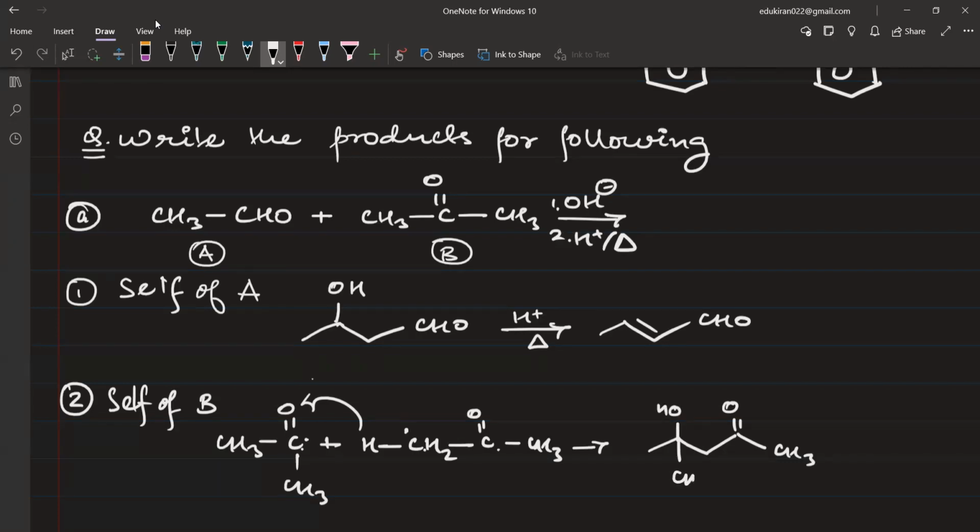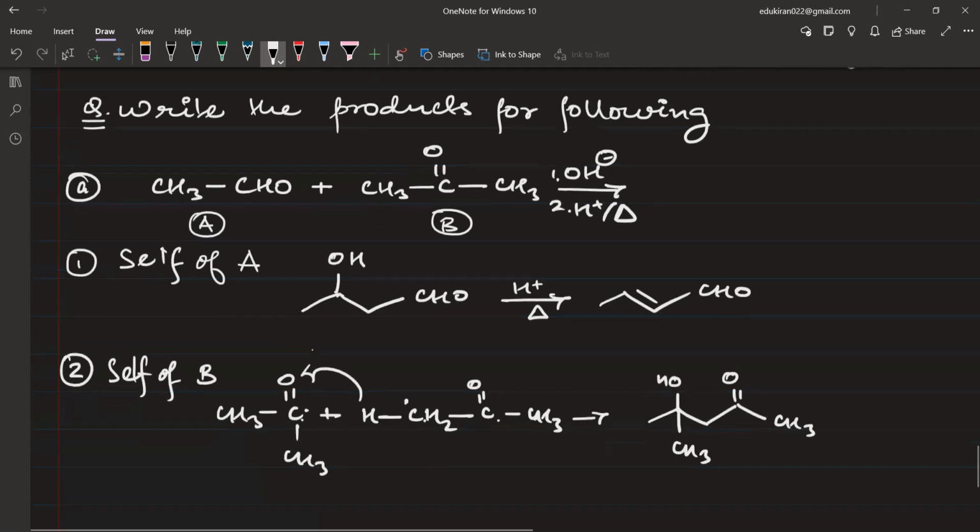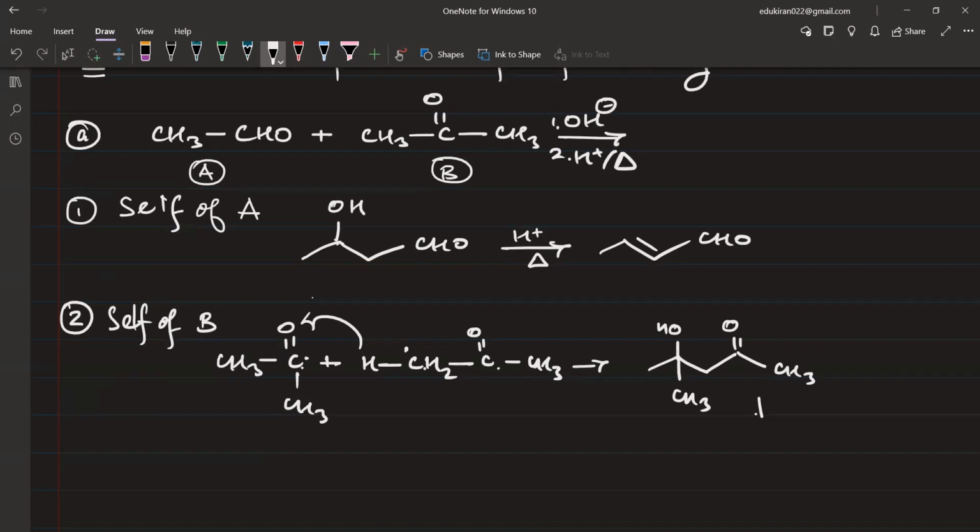This will be having a CH3 group like this. Okay. Now, H plus and heat. Alpha beta में यहाँ पे double bond. So this is the self condensation of B.